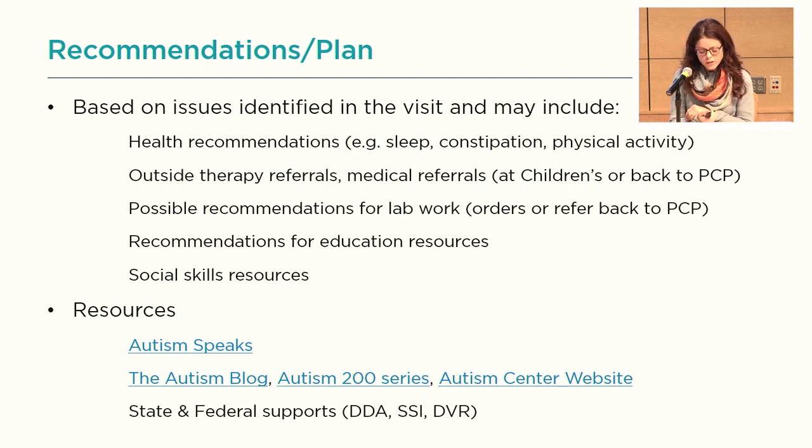But then we might also be thinking about ways to connect kids and families to other more specialized services or therapies to treat those things, whether it's like the sleep clinic at Seattle Children's or going back to the primary care provider to talk more about sleep.